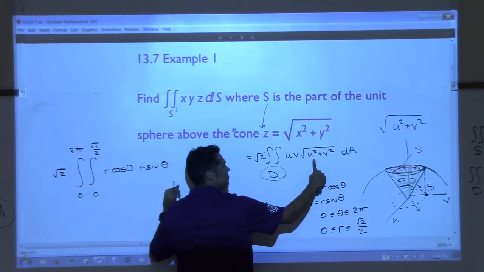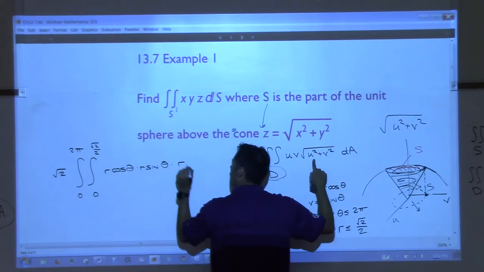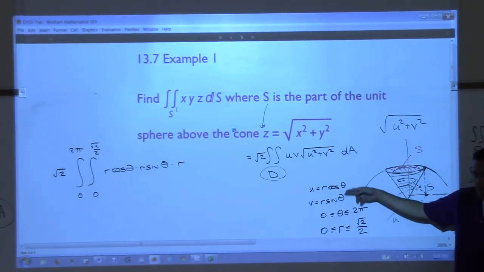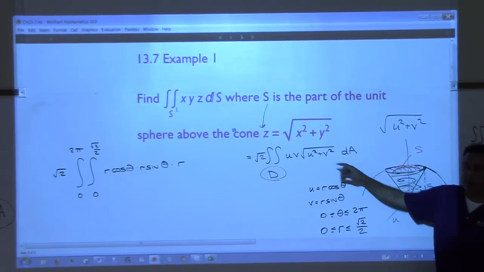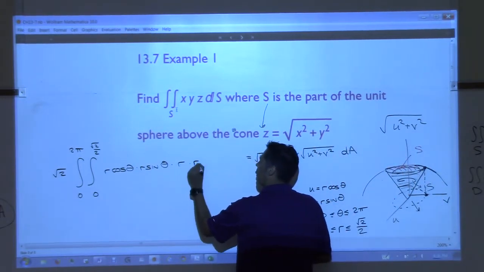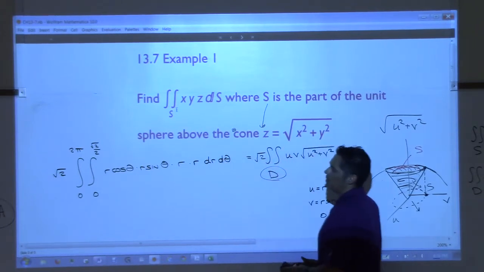This is going to be R squared, right? But then just R. So U squared plus V squared should be R squared because of our conversion, but then we're taking the square root of it. So R. And then R because we went to polar. And then dR d theta.